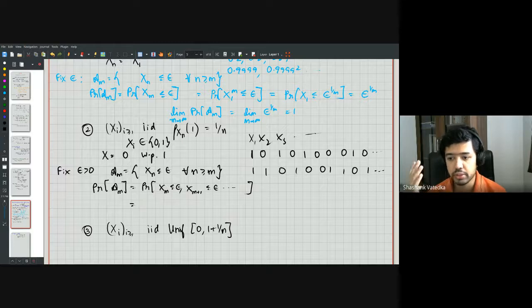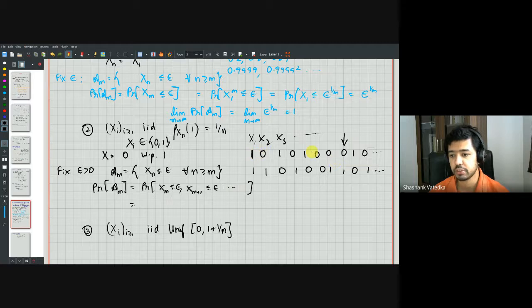So we want to know what is the probability that beyond a certain point, beyond m... So you have the sequence of random variables. You fix a particular point, say this particular location. I want to know what is the probability that after this point, everything to the right of this is less than or equal to epsilon. Basically I have a random sequence and there can be different realizations.